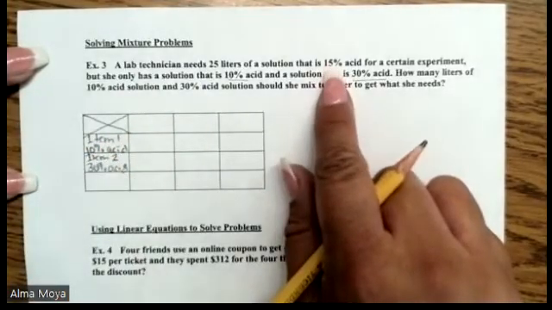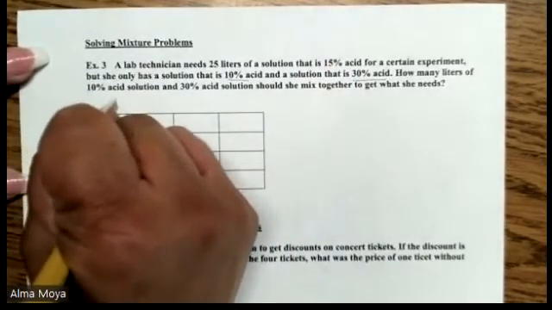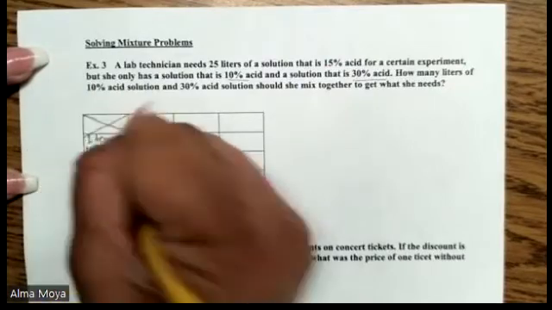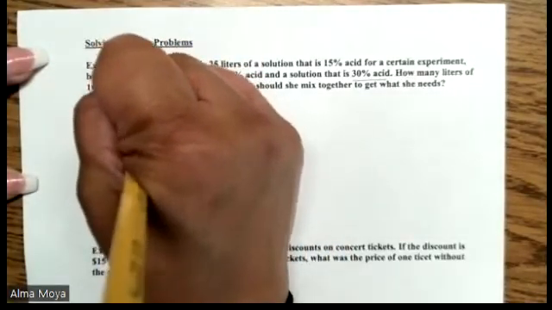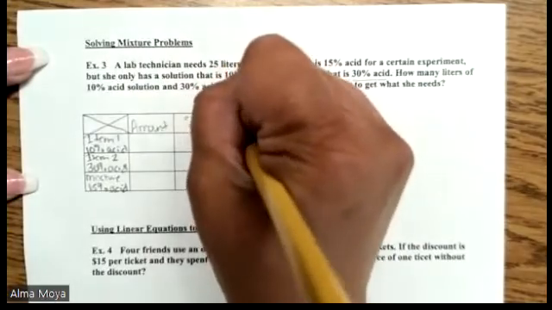And she wants the 15% acid solution, which is going to be the mixture. Now here we're going to put the amount. And here we'll put the percentage, and here's going to be our total.